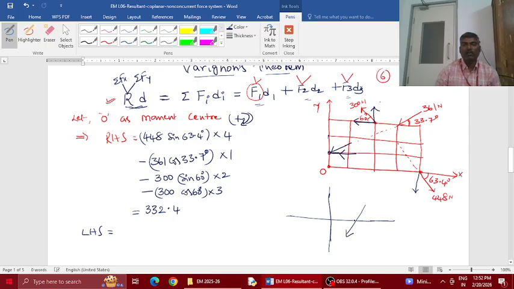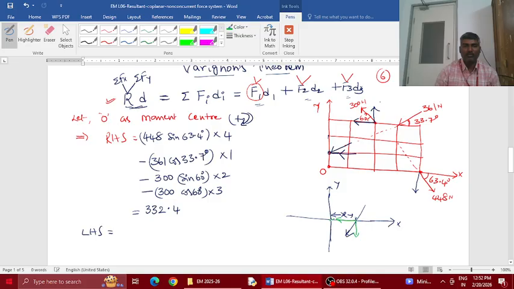I'll assume that it intersects the x-axis first, and this distance I call x. The resultant can be written as one X component and Y component.